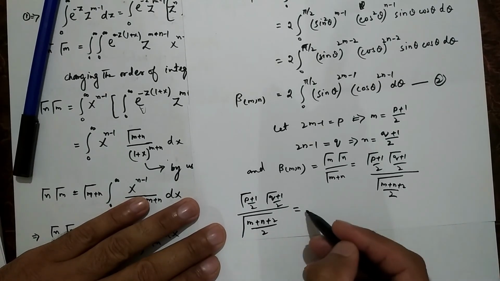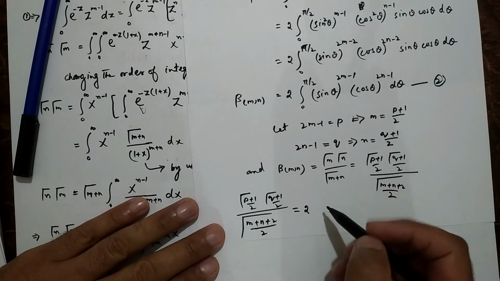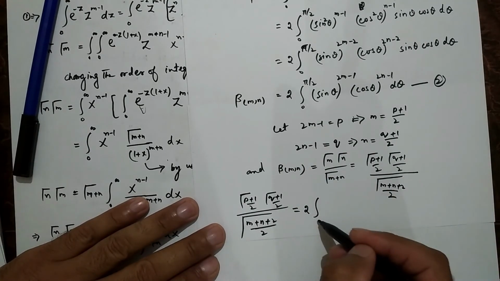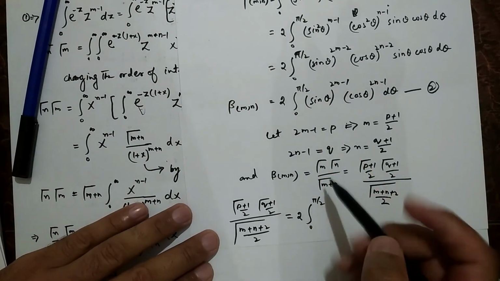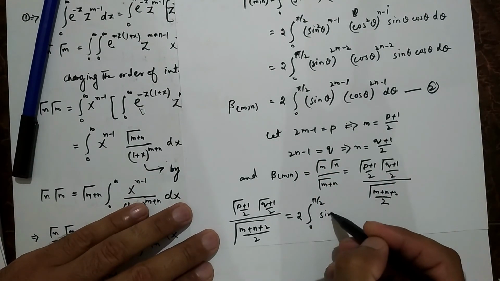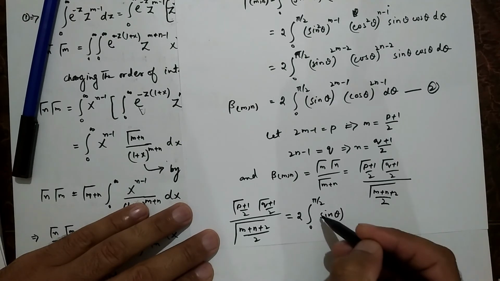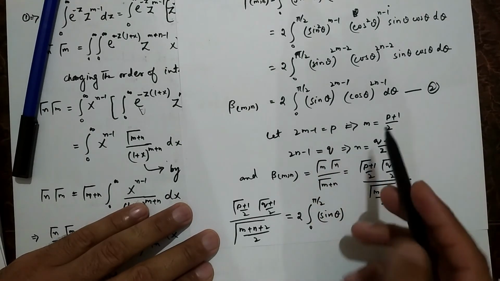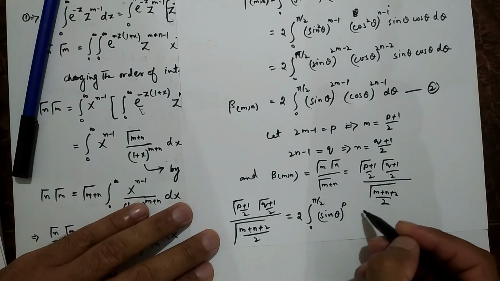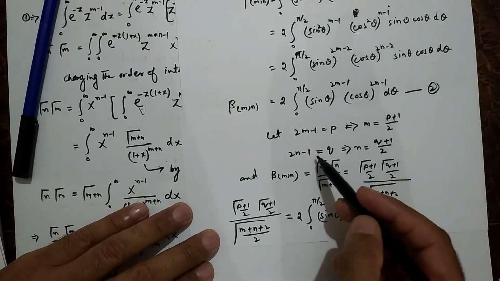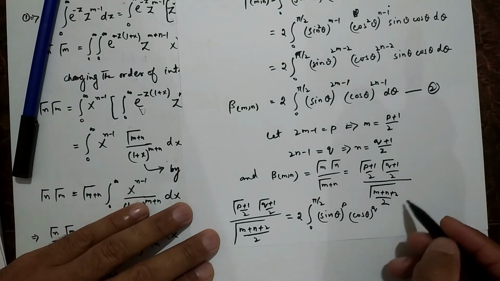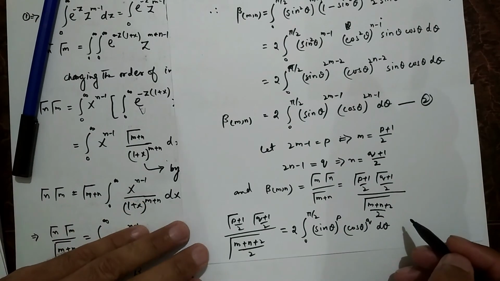So this will be equal to 2 times integral from 0 to pi upon 2 sine theta to the power 2m minus 1, which is p, cos of theta to the power 2n minus 1, which is q, d theta.